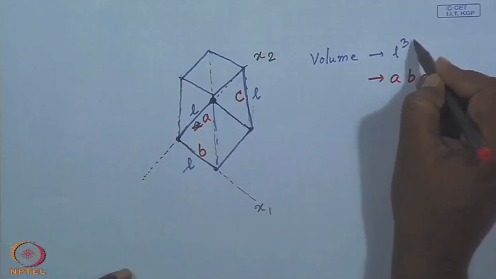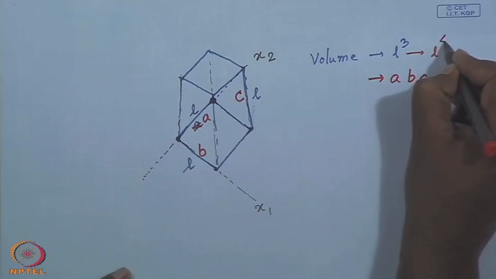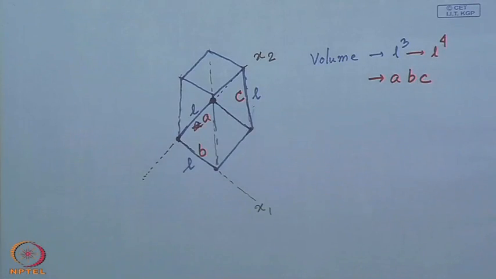If that drag is the same as the drags we have given before, that is, I drag it by the same displacement L, the volume of that hypercube in the 4th dimension will be L to the power 4. So, what we have done here is that in 3 dimensions the volume of the cube is L cube, and in the 4th dimension this will be L to the power 4 if it is a hypercube.